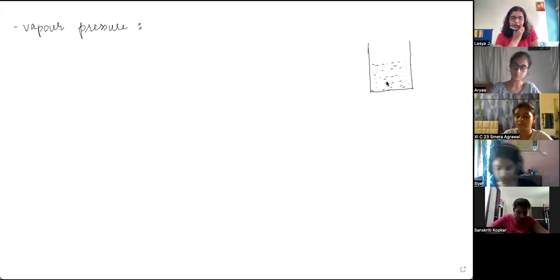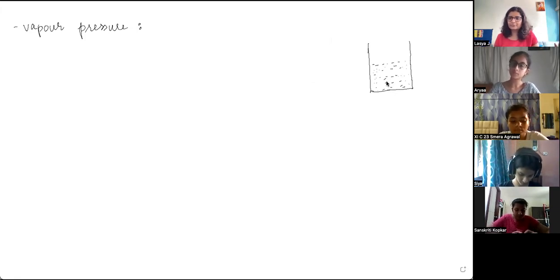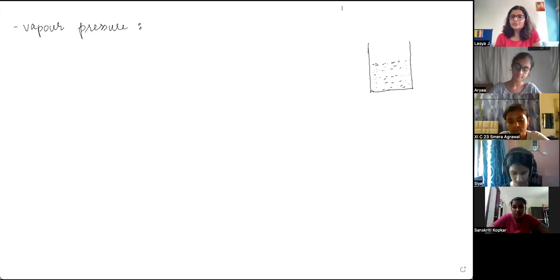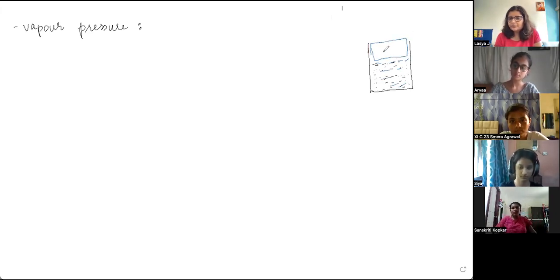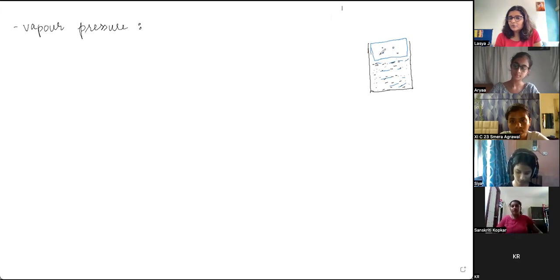Something like perfume also evaporates, which is why you can smell things. The molecules get into the air, that's evaporation. When you have any liquid, in the immediate space above it, you are going to have vapor molecules of that particular liquid.